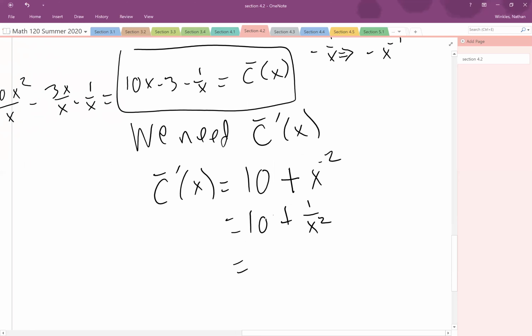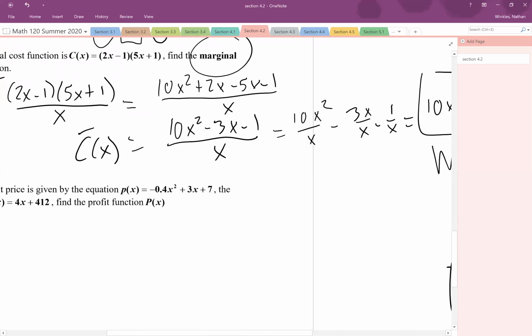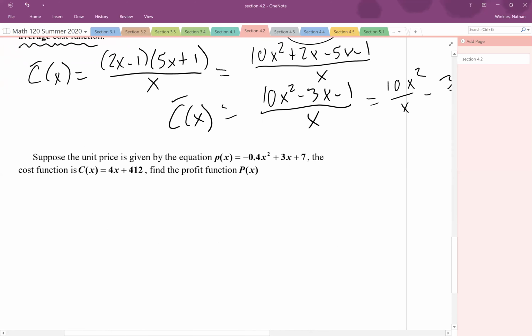If you wanted to write it as one fraction, this would be 10x squared plus 1 all over x squared is C bar prime of x. Either one of these would be accepted, either 10 plus 1 over x squared or 10x squared plus 1 all over x squared. It didn't tell us to plug in anything, so therefore that would be our final answers there.